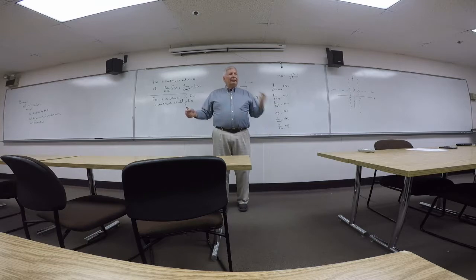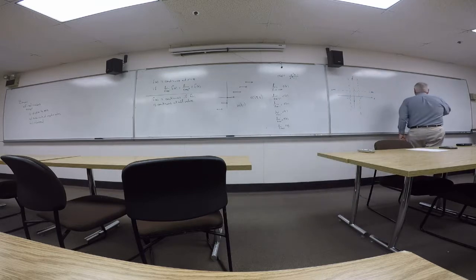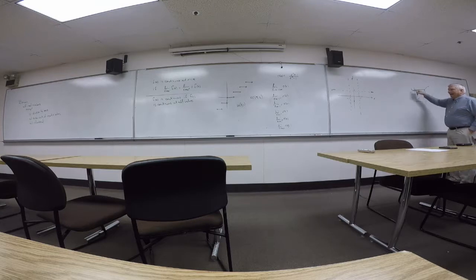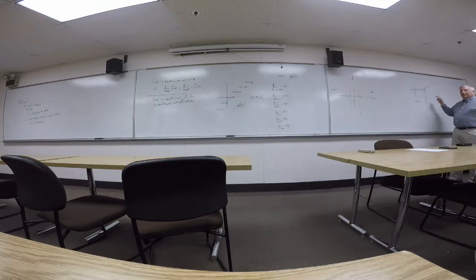But we need to define that, because we defined limits for a finite situation. You might recall, drawing the pretty little picture, we have some curve up here, we have some value L over here we believe is the limit for some value A down here. And we say that L is the limit of f of x at A if, given epsilon greater than 0, there exists a delta greater than 0 such that when the absolute value of x minus A is less than delta, then the absolute value of f of x minus L will be less than epsilon.